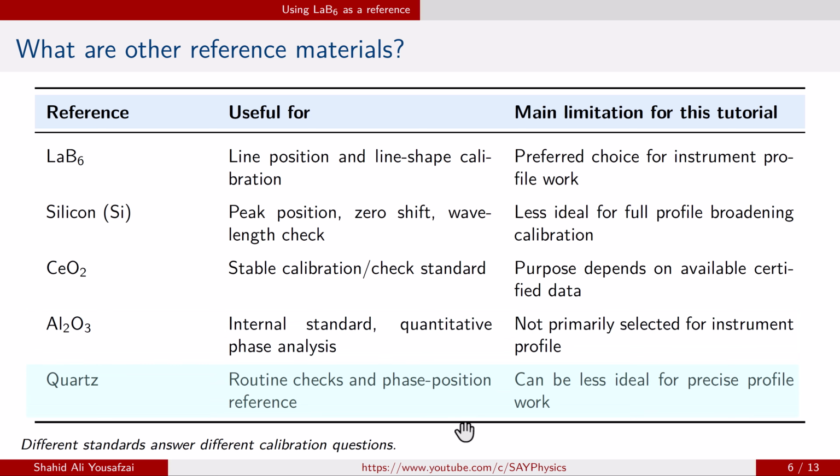Quartz and other crystalline materials can also be used for routine checks. However, for this tutorial, our main goal is instrument peak profile calibration. For that specific purpose, LaB6 is normally the stronger choice because it provides both accurate positions and useful line shape information.